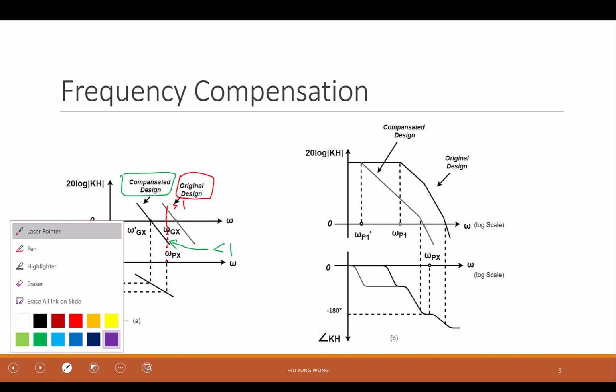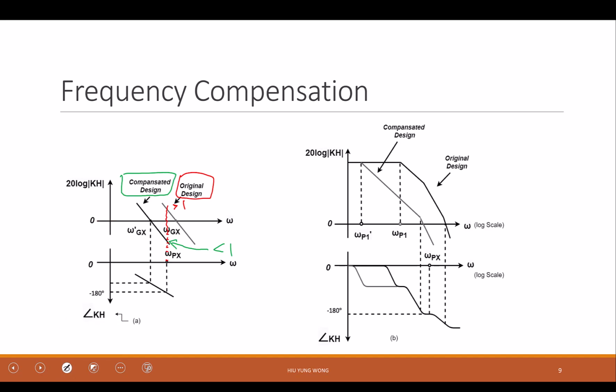So this is the scenario. Here I have 3 poles, P1, P2, P3. Is that okay? So I have a DC gain, and then what is the slope here? Negative 20, negative 40, negative 60 dB per decade.